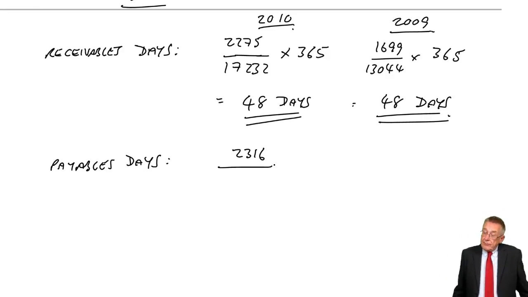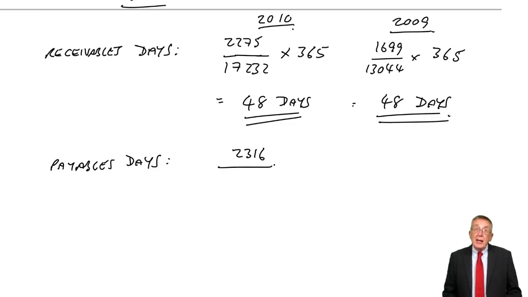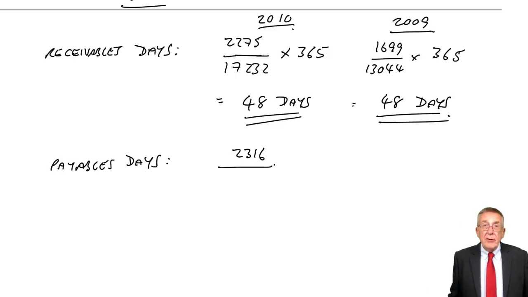Now again, see what information's available. We should divide by the purchases on credit. Usually you don't have that information, which means you must divide by purchases and assume they're all on credit.